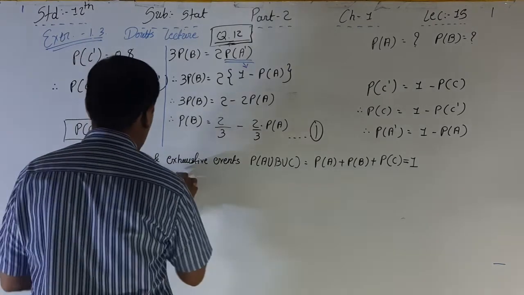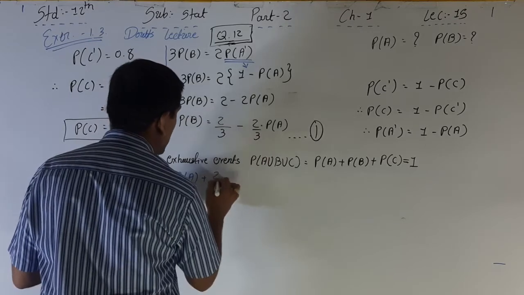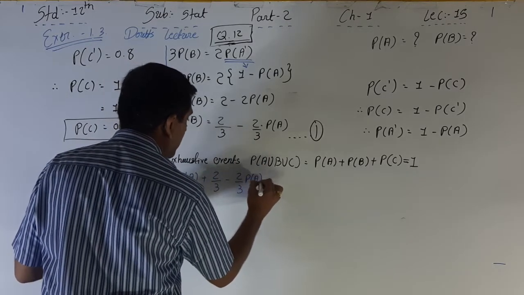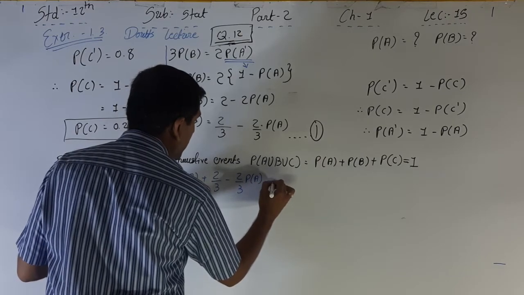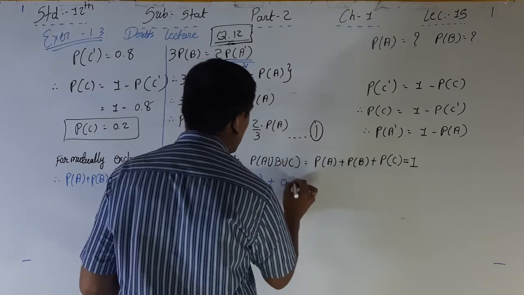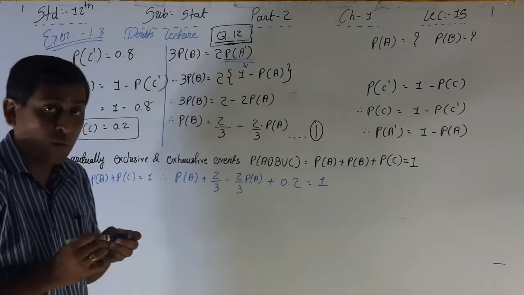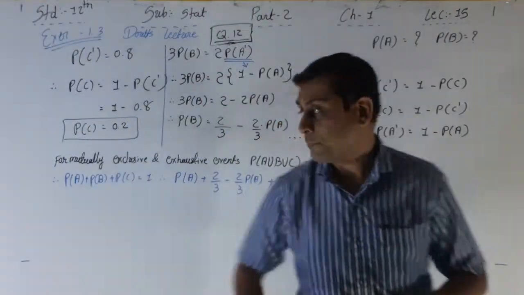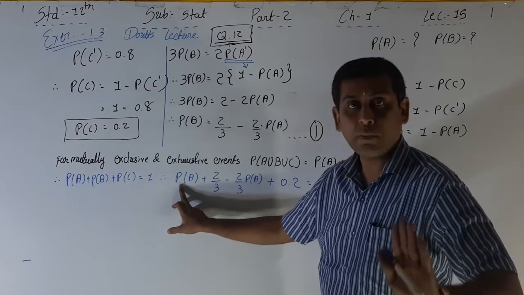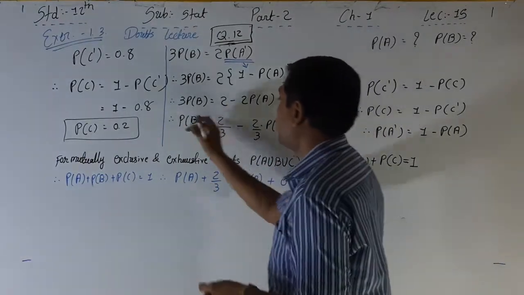Therefore P of A as it is, plus P of B is equal to 2 by 3 minus 2 by 3 P of A, plus P of C is equal to 0.2, is equal to 1. See, I am just putting the value here. See that P of A is equal to what? Nothing. P of A. P of B is equal to, I am finding out this.